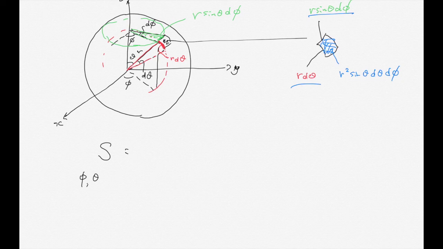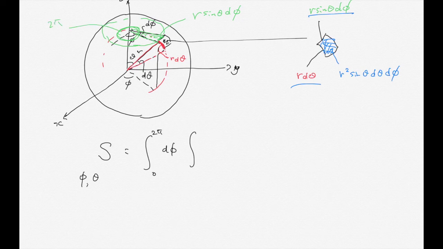Phi is changing from 0 to 2 pi. So covering this region, one circle is 2 pi.